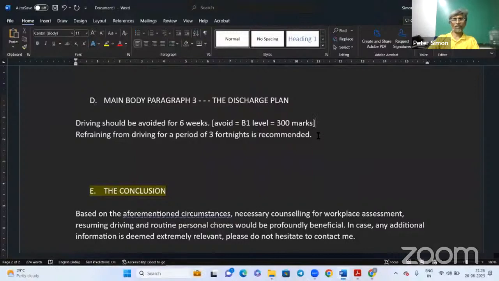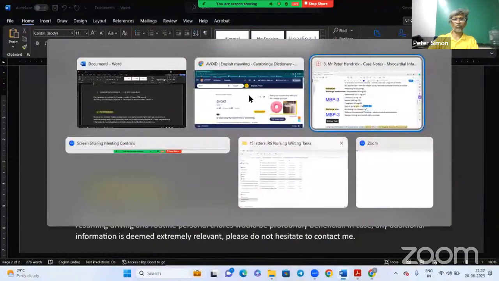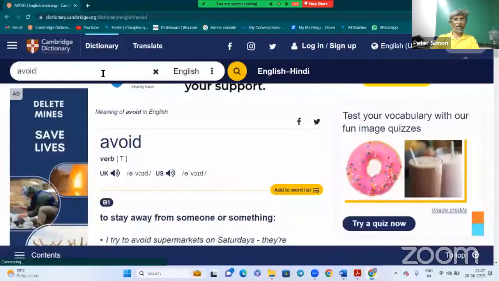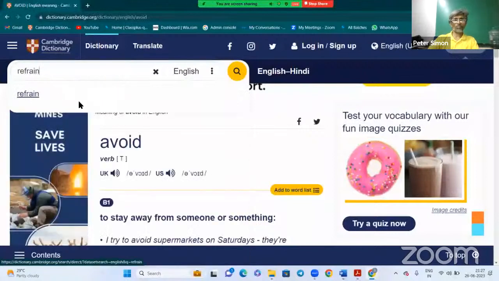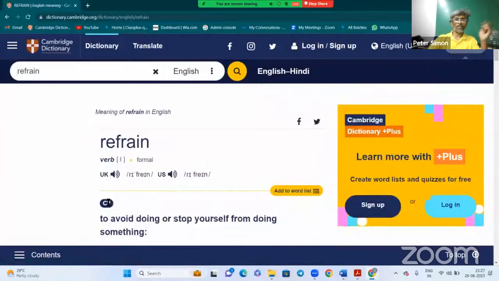Then what is this refraining? Let us take the word refrain, R-E-F-R-A-I-N. What is the power of this word? Is this also B1? If you take this word, it is C2 vocabulary, and it's even a formal word.